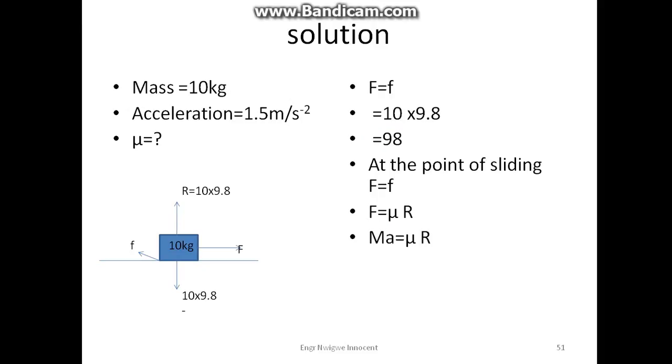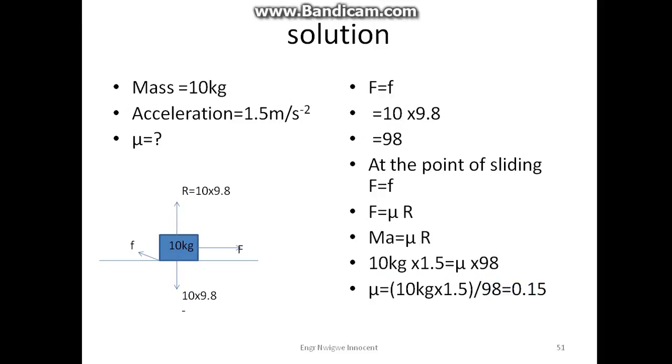We now have ma is equal to mu R. We have not changed anything. Then 10, the mass of the body, times the acceleration, which we have been given to be 1.5, is equal to mu, which we are looking for, times 98, the reaction we have already gotten.